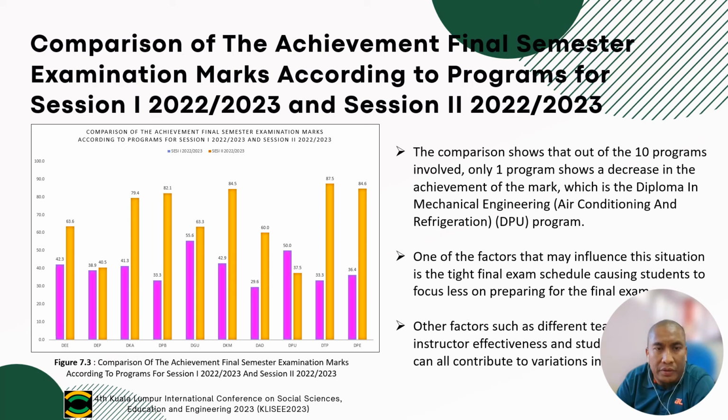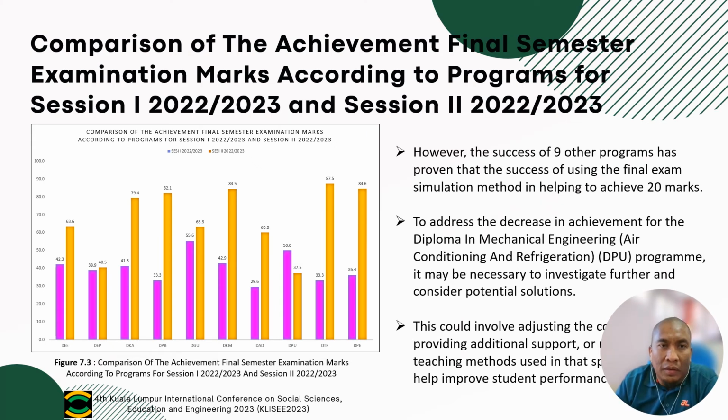Other factors such as different teaching methods, instructor effectiveness, and student engagement can all contribute to variation in exam results. However, the success of the other nine programs has proven the success of using the final exam simulation method in helping to achieve 20 marks.